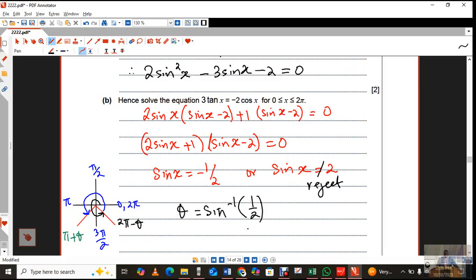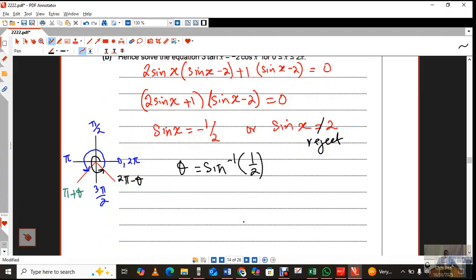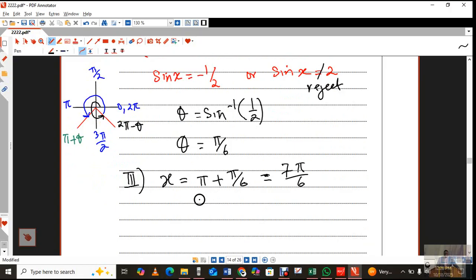And from your special triangles, you should know that this theta angle is going to be nothing but pi over 6, or 30 degrees. Okay, so in the third quadrant, my solution is going to be that x is pi plus pi over 6, which eventually will give me 7 pi over 6 radians. You can obviously write that as a decimal if you want to, and give 3 significant figures.